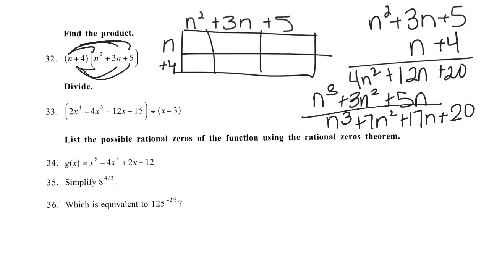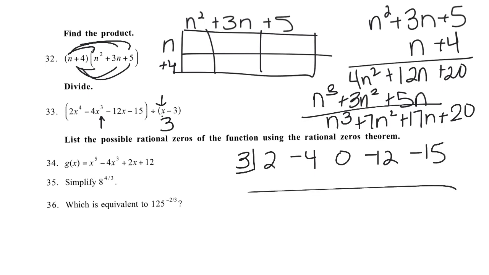Number 33 says divide. I can use synthetic substitution on this one because there's no coefficient. So we're going to use 3 as our number. And then our coefficients are 2, -4. Now this is missing the x squared term, so I'm going to put a 0, -12, and -15. And then just like we did on the last problem that said synthetic substitution, we bring down the 2, we multiply 2 times the 3, and put it in the next column, so we get 6.